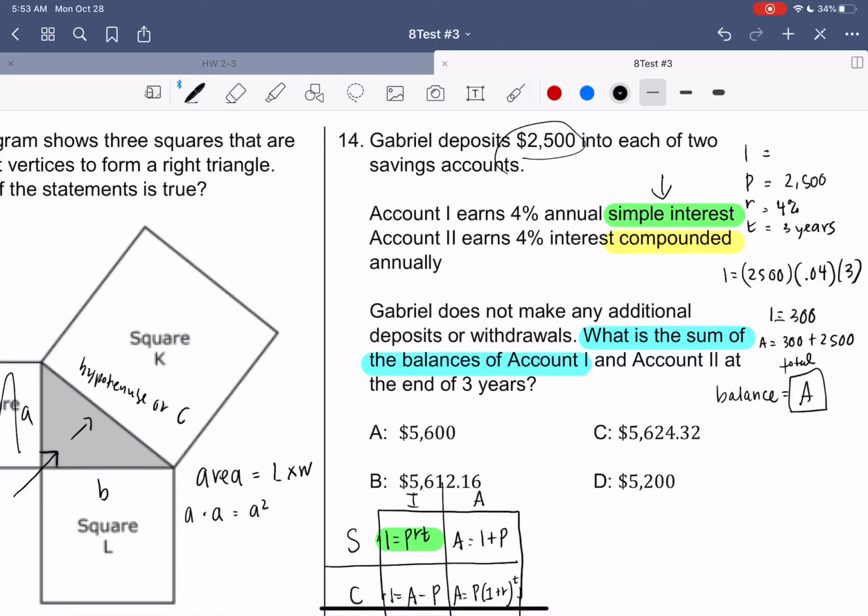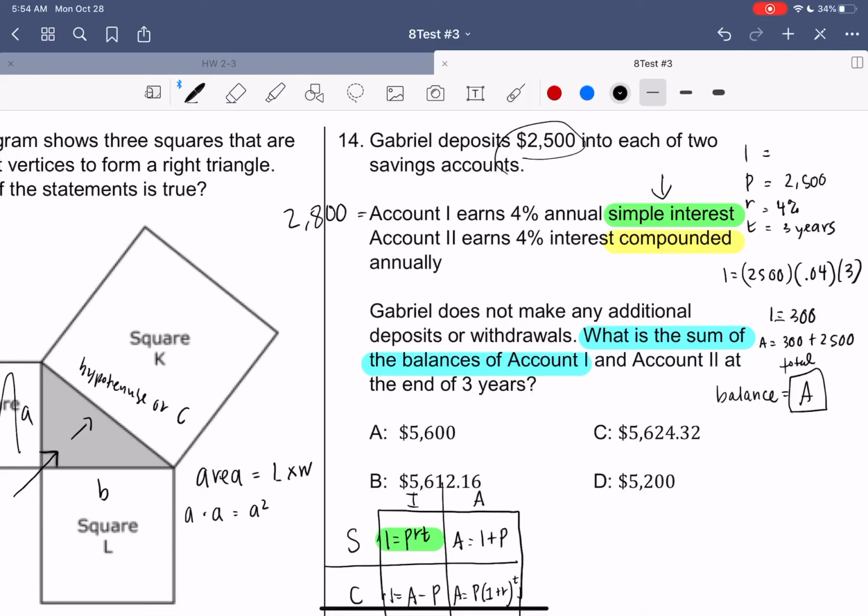And so when we add those together, for this one, we have $2,800.